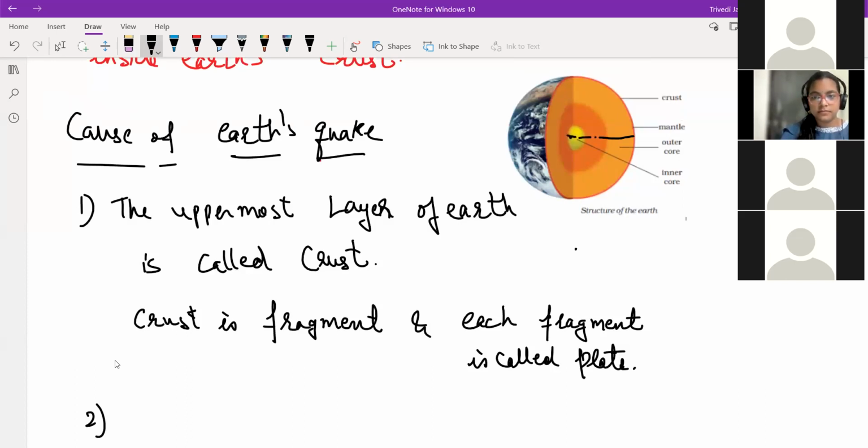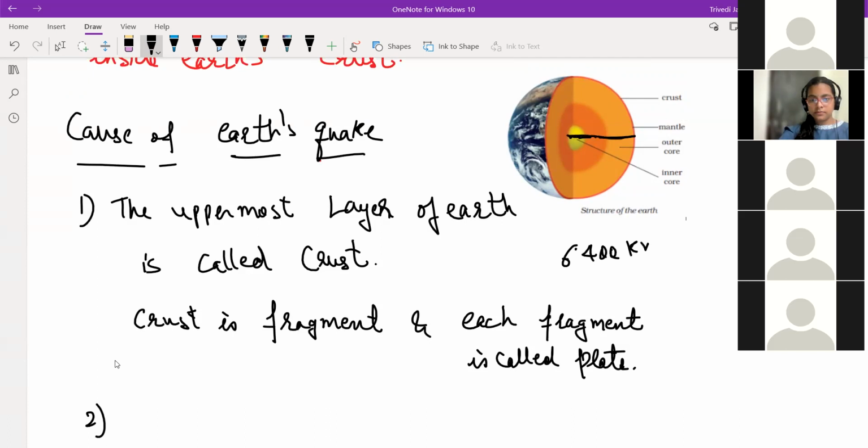This distance looks small here, but actually it's so big. The radius of the Earth itself is 6400 kilometers.